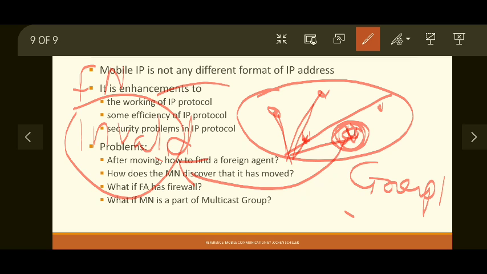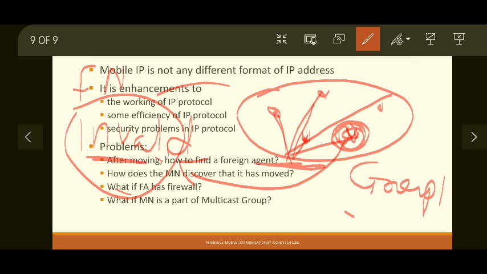So whatever multicast group exists in the home network is invalid in the foreign network. So it cannot be possible that the node which has moved out of the home network will remain in the multicast group. So that is not possible, though ideally you should remain in that same group even after moving out.